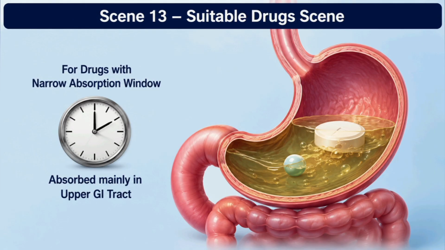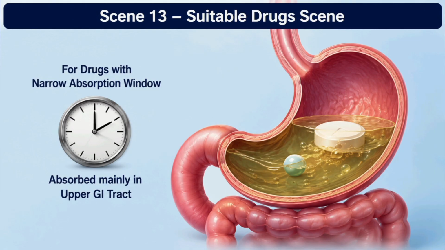Okay, imagine a camera scanner placed only at the entrance of a building. If the person quickly passes the scanner region, the opportunity is lost. Similarly, if a drug is absorbed in a particular upper GI region, prolonged gastric residence may help maintain the drug availability near that region only.